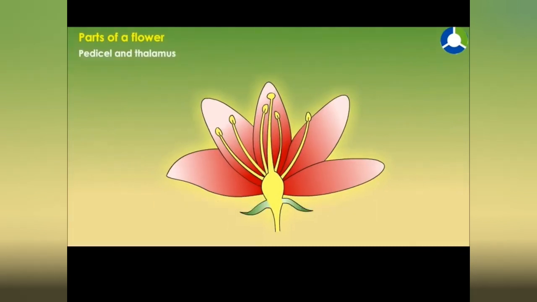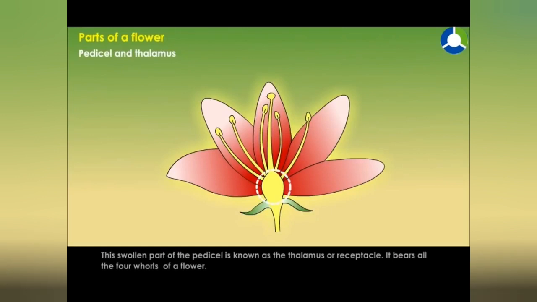Pedicel and thalamus. The flower is borne on a stalk called pedicel. The uppermost end of the pedicel is swollen. This swollen part of the pedicel is known as the thalamus or receptacle. It bears all the 4 whorls of a flower.